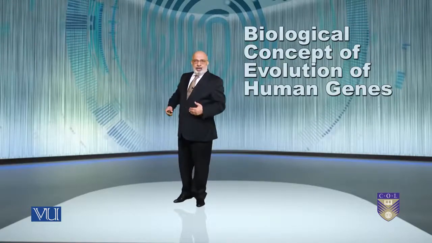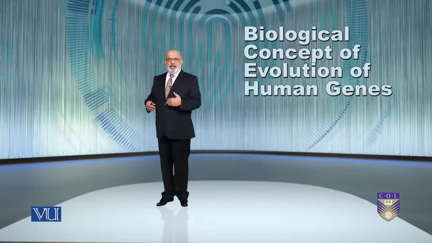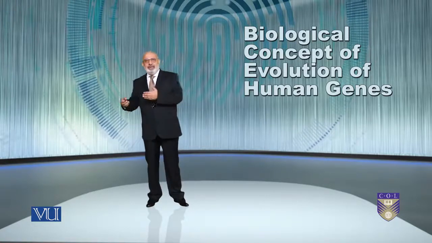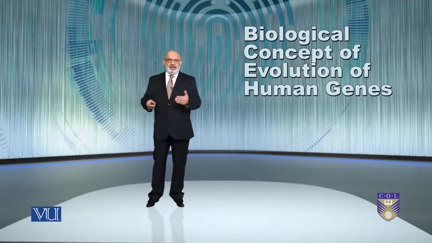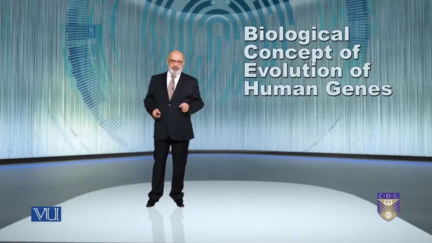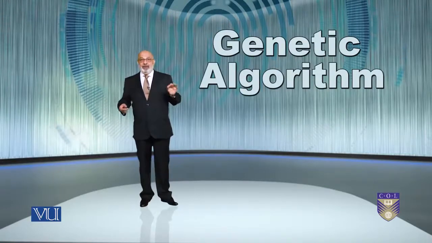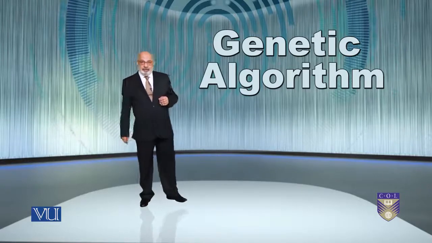How human beings move from one generation to the next, and then certain other characteristics that we will come across. So hence the name genetic algorithms, coming from the concept of human genes.